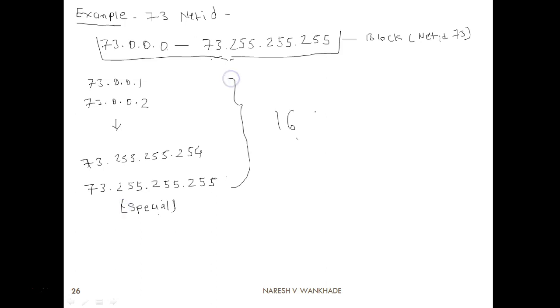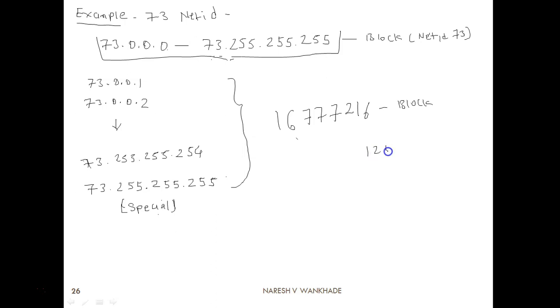And this one block is having 16777216 addresses, means this number is there for one block. And how many blocks are there?